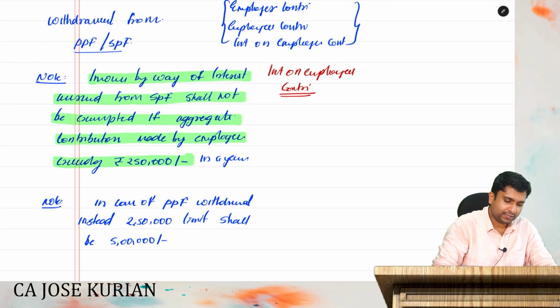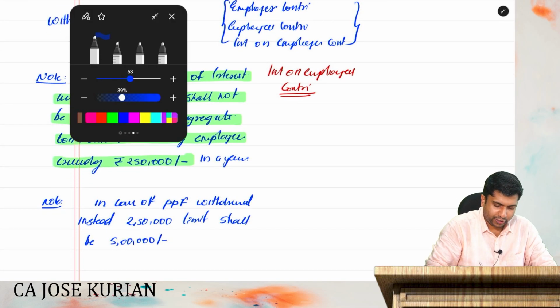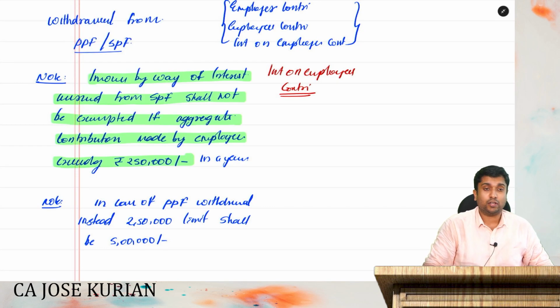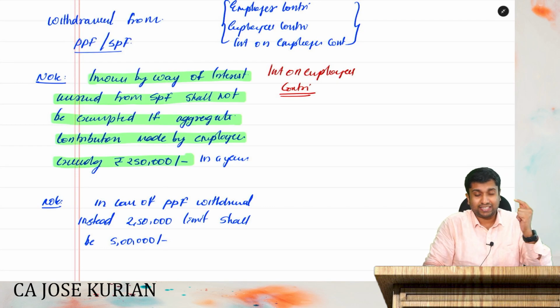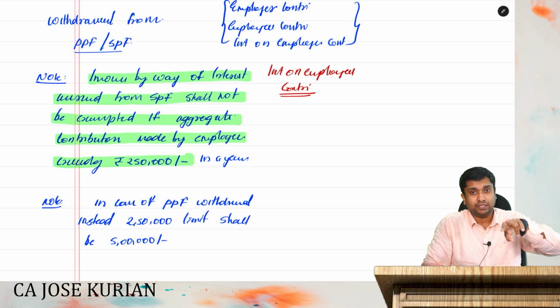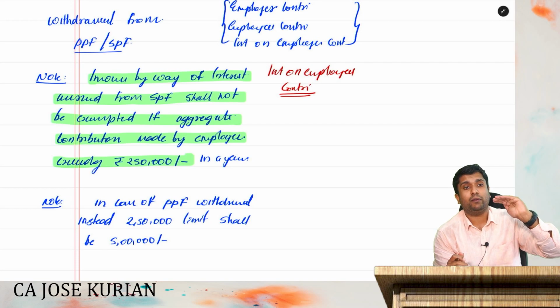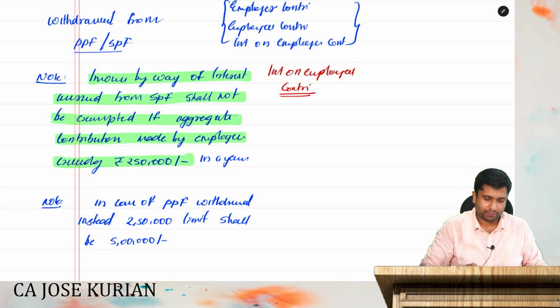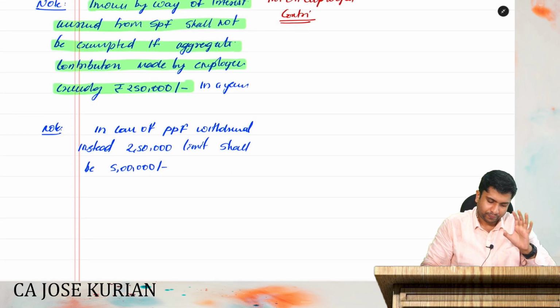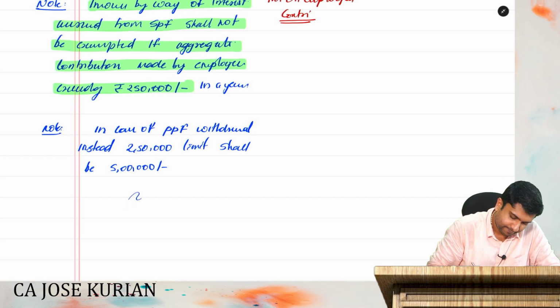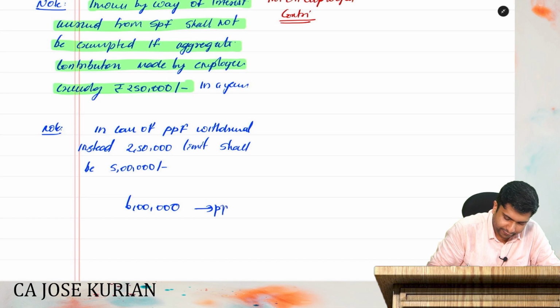That simply means, from SPF, when you withdraw an amount, the withdrawal over and above 2,50,000 was only taxable. When it is the case of PPF, then interest on excess contribution over and above 5 lakh only will be taxable. Say for example, every year a person contributes 6 lakhs to PPF.